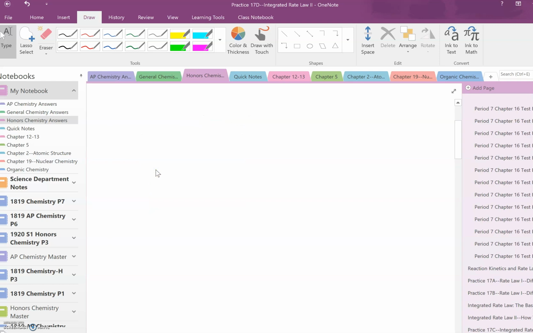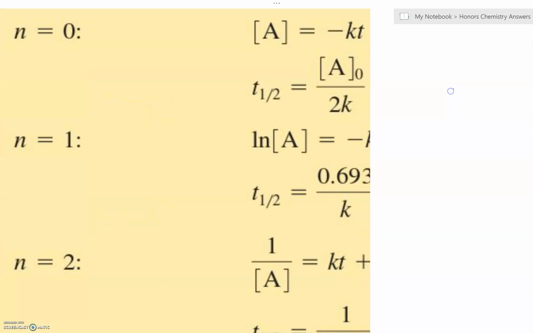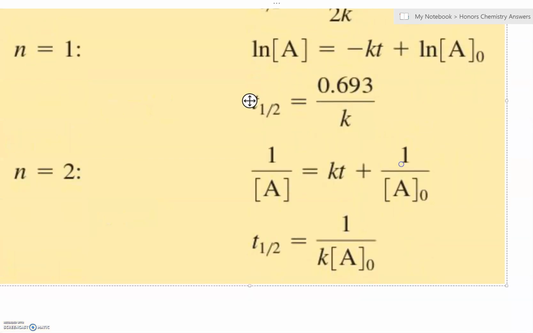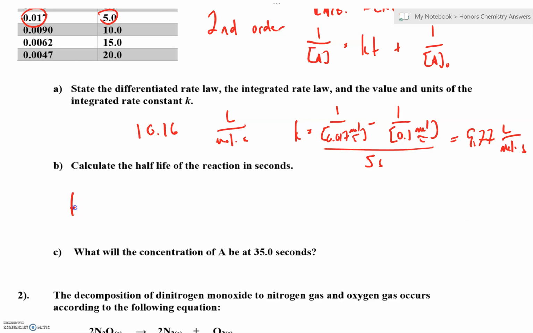I don't quite. So, if we are looking for the half-life of a second order equation, the half-life equation looks like this. So, what's the half-life? T 1/2 is equal to 1 over the rate constant K times the concentration of A at time 0.